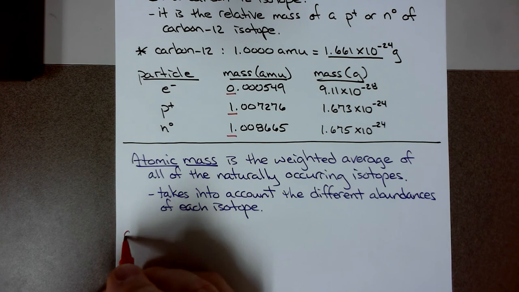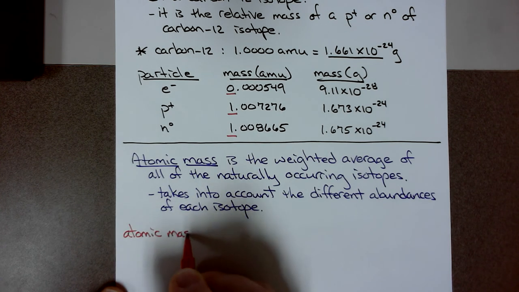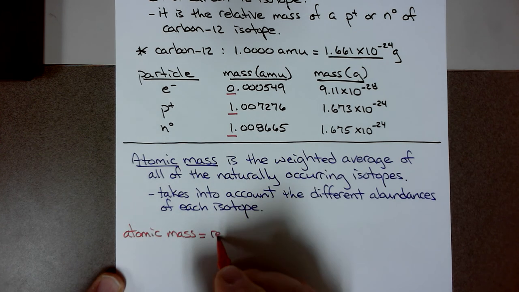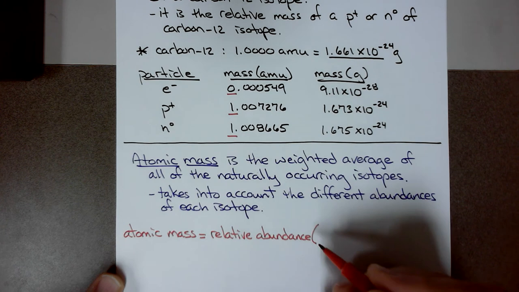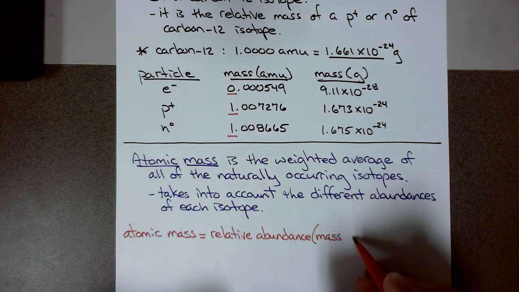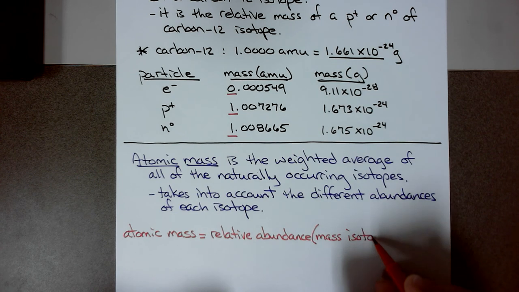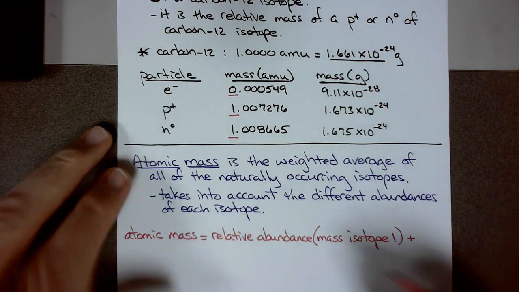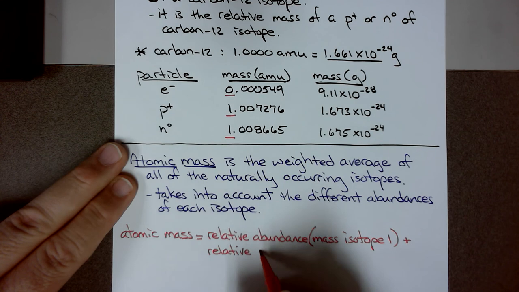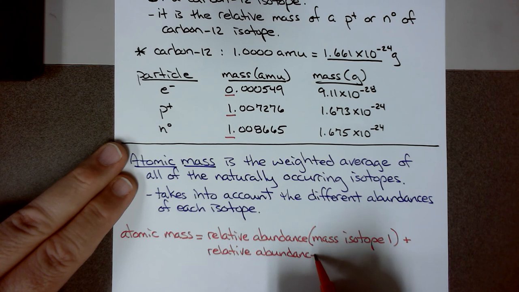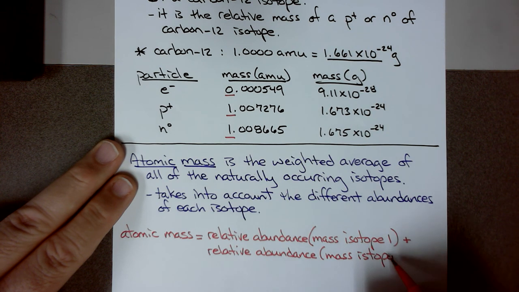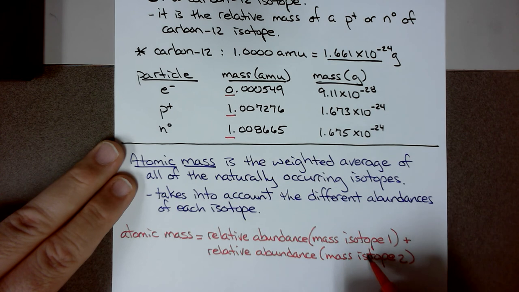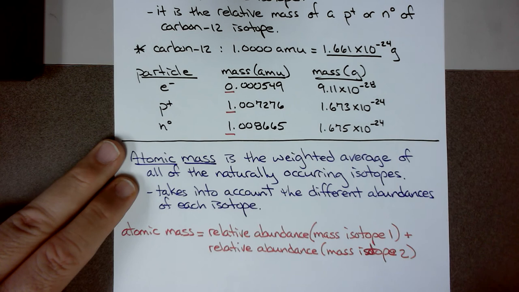How do we figure out atomic mass? So the atomic mass is equal to the relative abundance of the isotope times the mass of isotope 1, plus relative abundance times the mass of isotope 2, plus, and on and on.